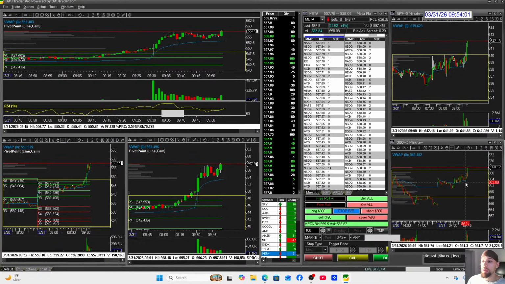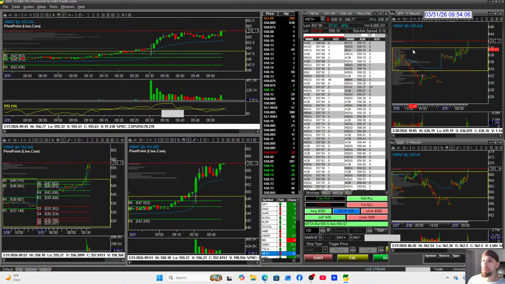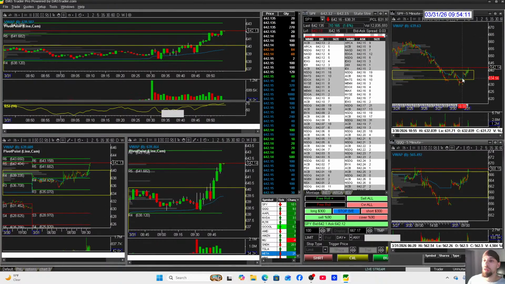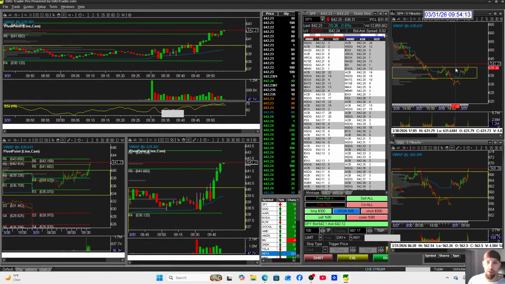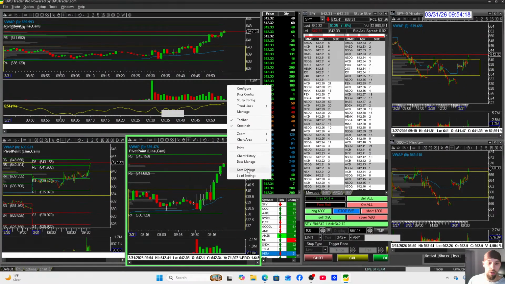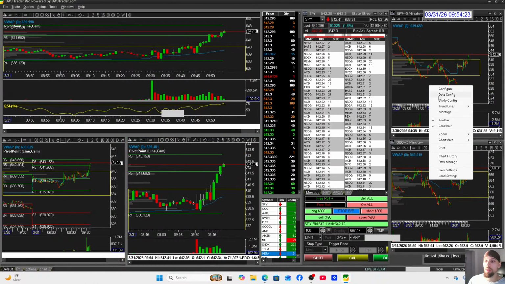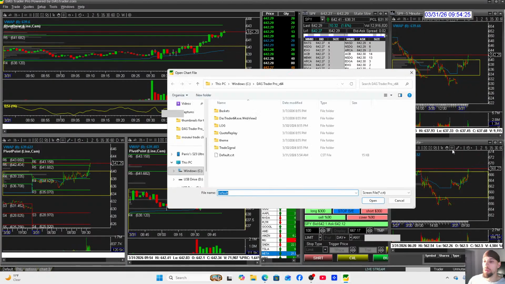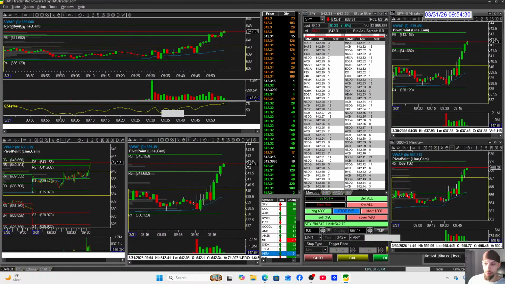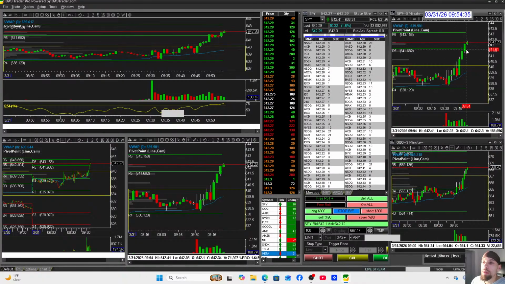SPY and Q's, look at them here. Very bullish. SPY and Q's working their way up here.